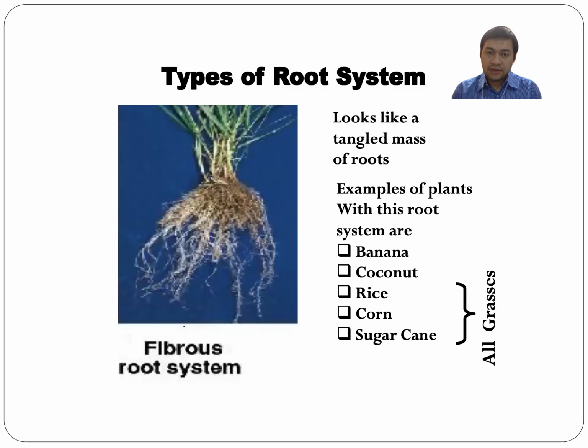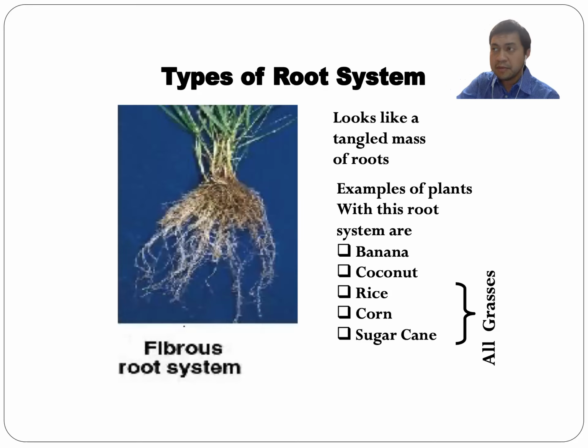So this is the fibrous root system, like a tangled mass of roots. Some examples of the plants are banana, coconut, rice, corn, and also sugarcane.